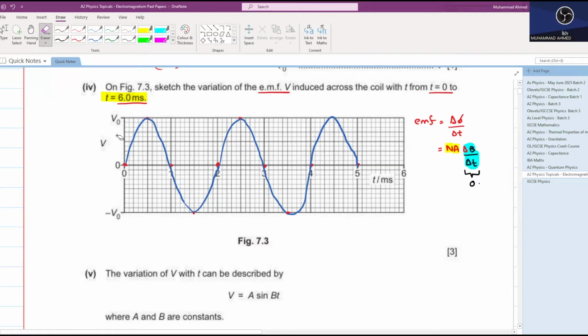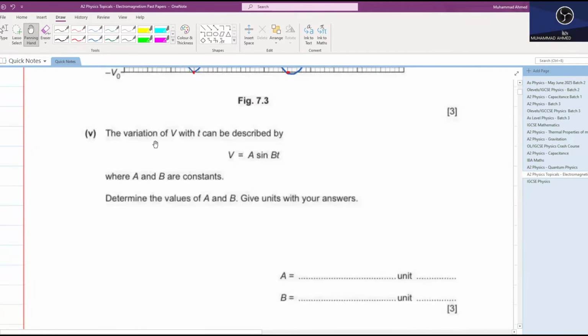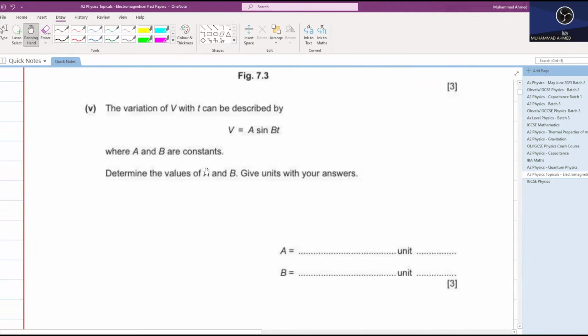Because the examiner has already marked the maximum EMF for me. He has already pointed out where the maximum EMF will be, with the V naught and negative V naught values. So if the examiner has already located the maximum values of EMF, you don't need to be over smart and relocate them.